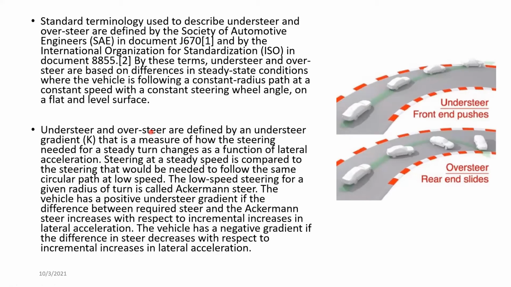Oversteering is very good for vehicles like racing vehicles. Because when we oversteer, the vehicle turns too much and slides the rear, and sliding the rear is good for racing, so it makes it easier to control.